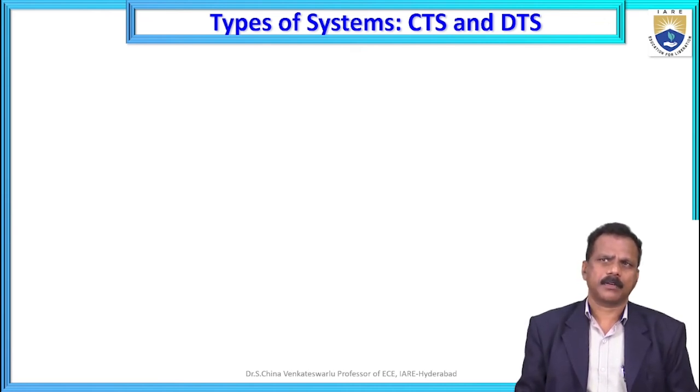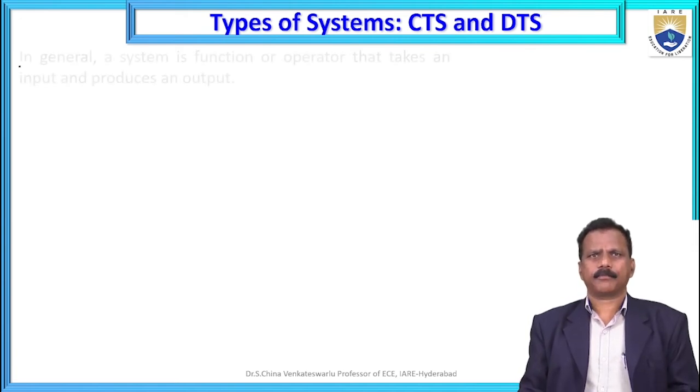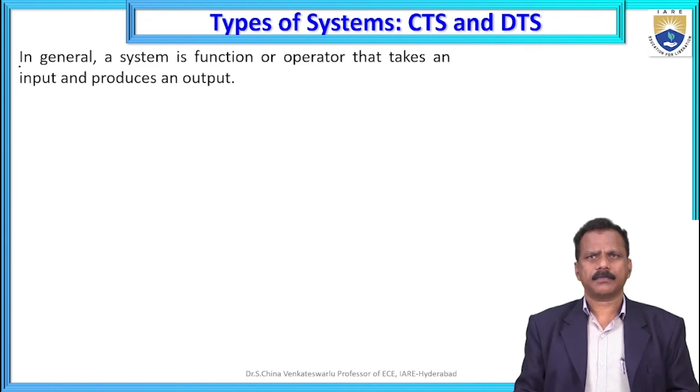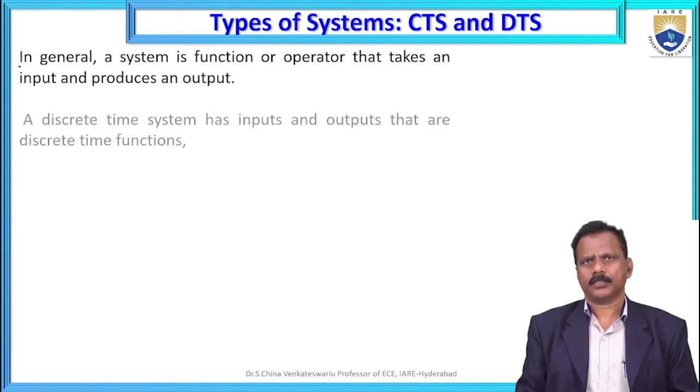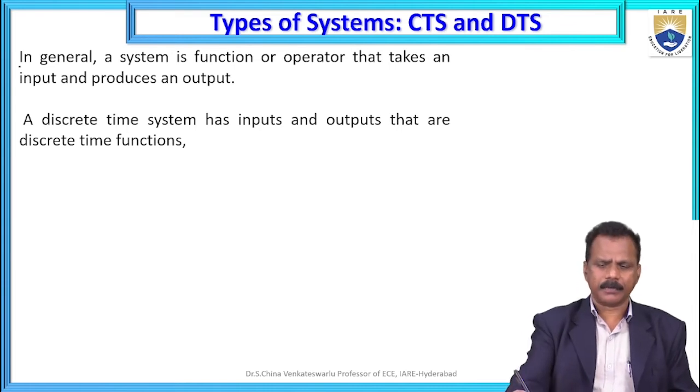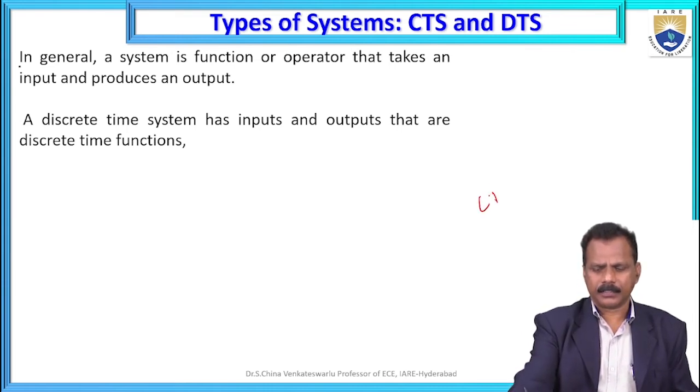In general, a system is a function or operator that takes an input and produces an output. A discrete time system has inputs and outputs that are discrete time functions.